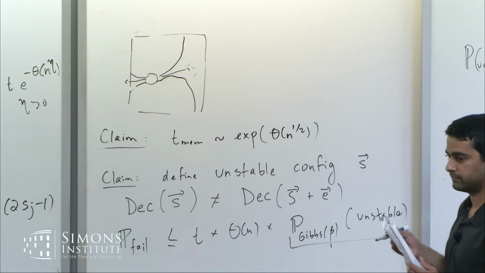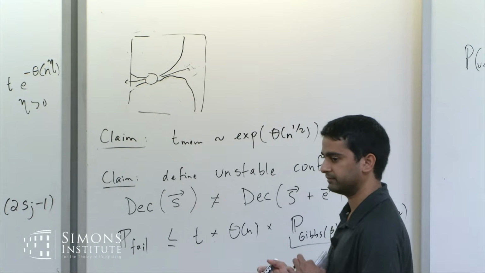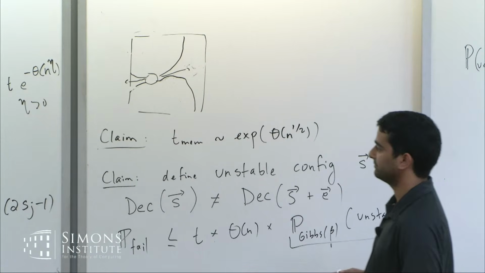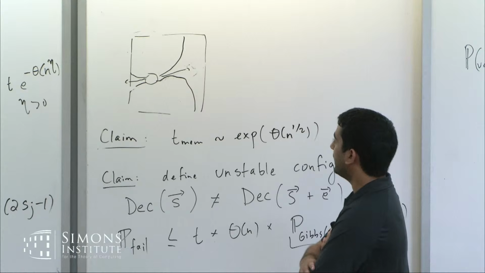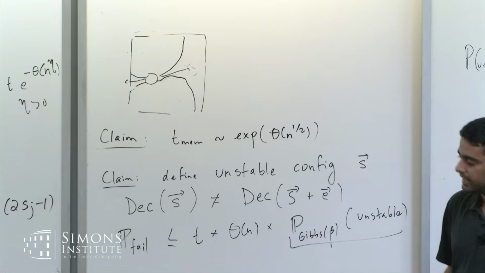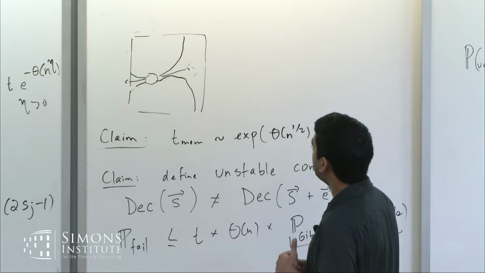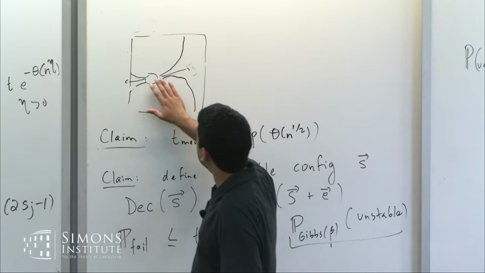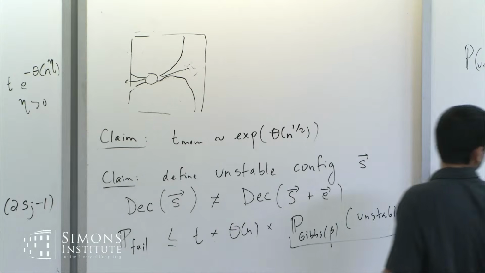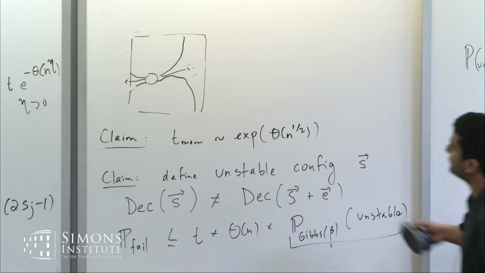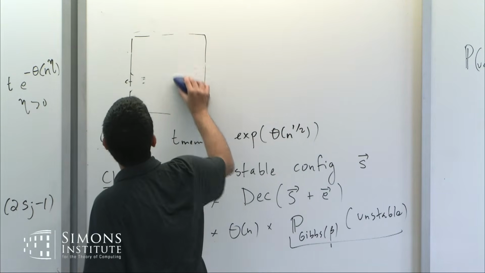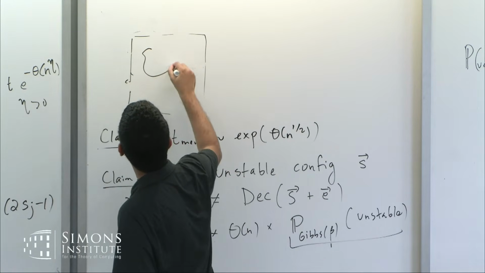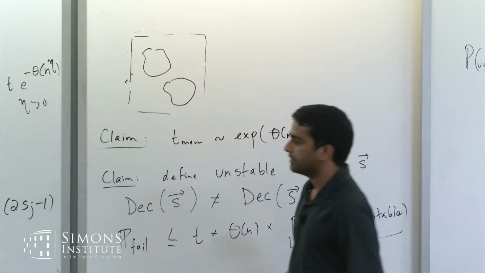I've now lost track of your procedure for decoding. Okay, somehow it skipped past me that it was unstable. All I'm saying is that the decoding procedure is just going to clean up domains which are small enough, right?